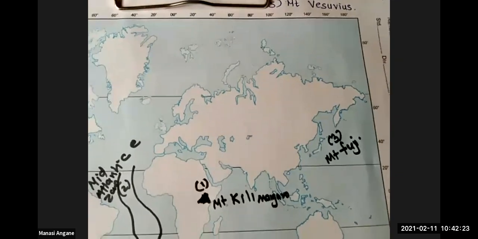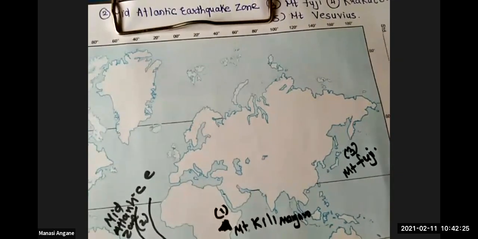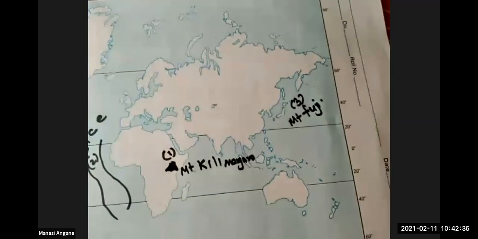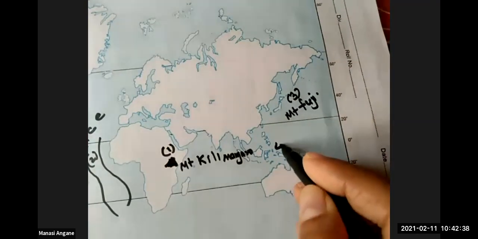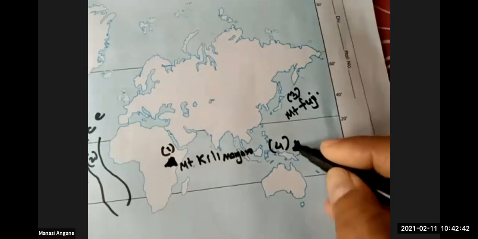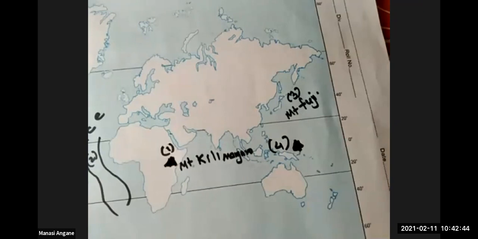And one more thing, that is Krakatau. Krakatau is found over here. Fourth one, and here you can show the symbol, no need to write the place. This is a mountain, so in the mountain way only.